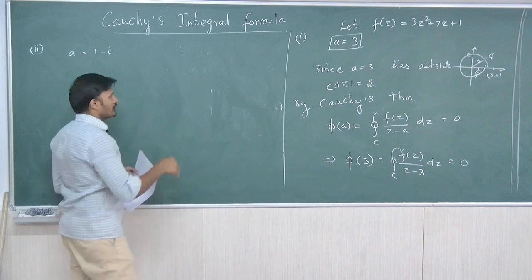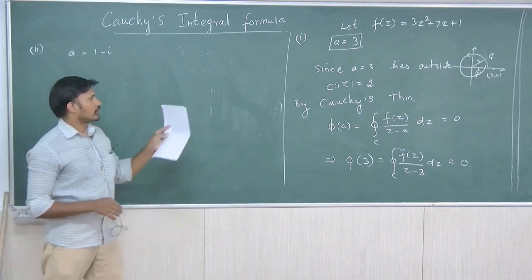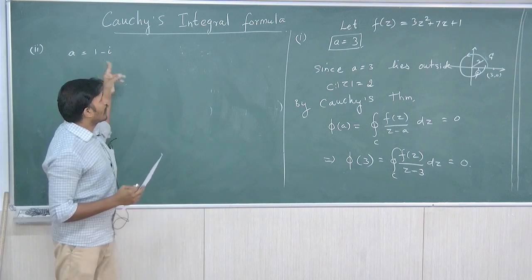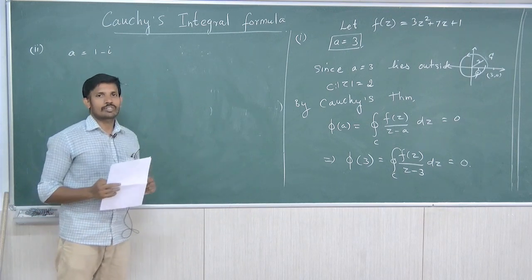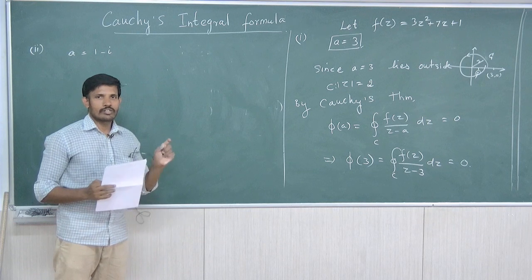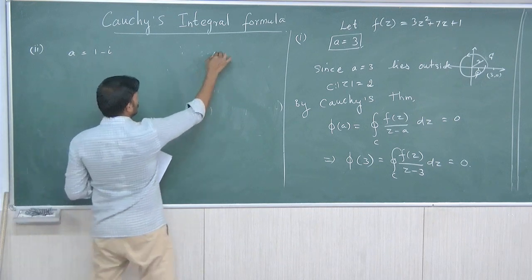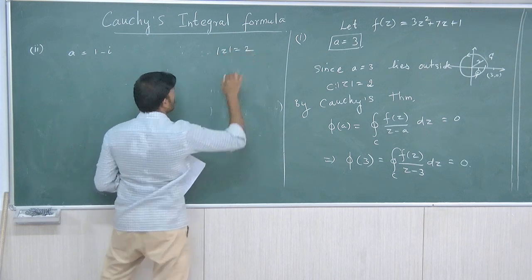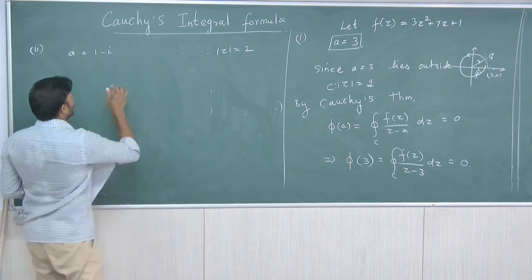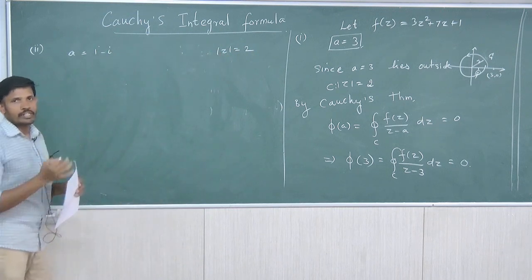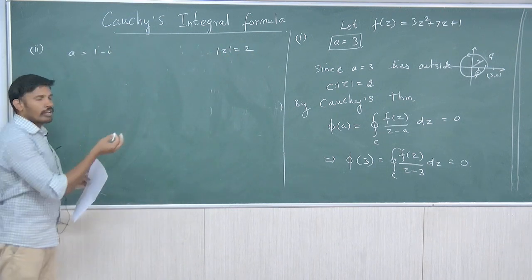Or without using the corresponding image, how to identify whether this point lies inside the closed circle |z| = 2? It is so simple. What is given? |z| = 2 is given. Instead of z, substitute 1 − i in the left hand side. What is the value of the left hand side?